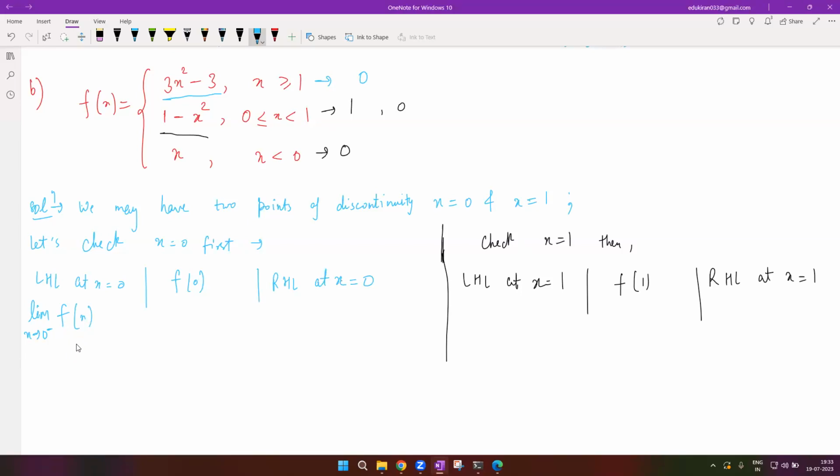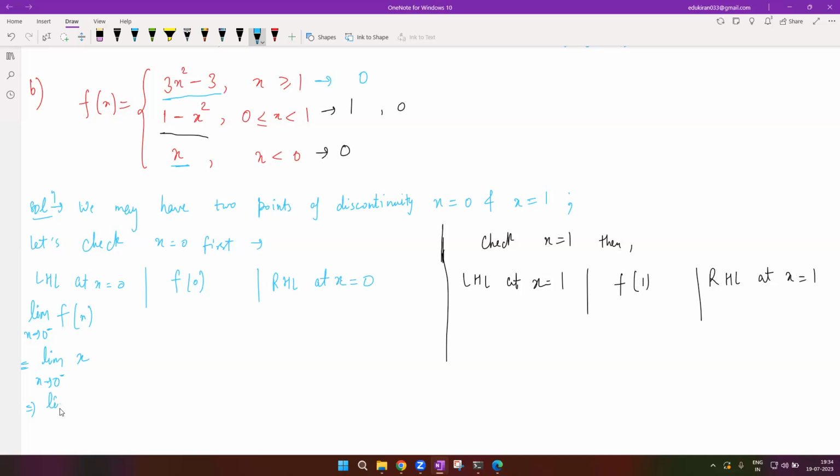So I'll have to use the expression of the function which is valid when x is less than 0, because x is 0 negative. So if x is 0 negative, the expression valid is x. So we will find out that LHL using this expression, x tends to 0 negative.